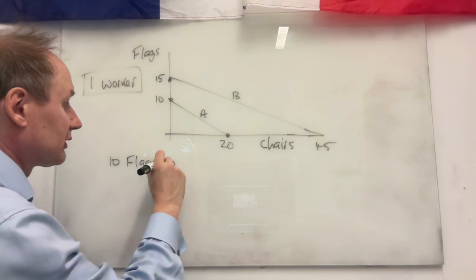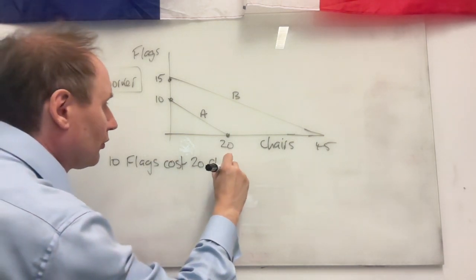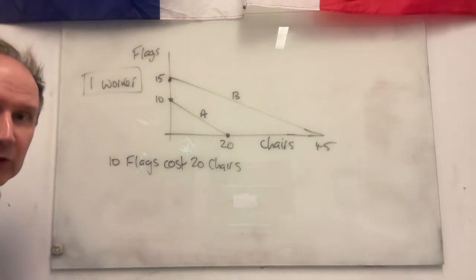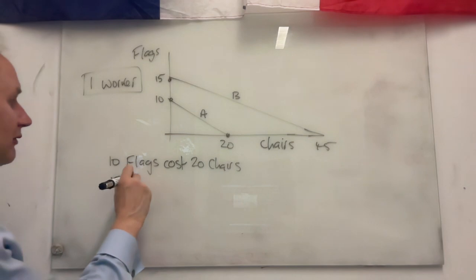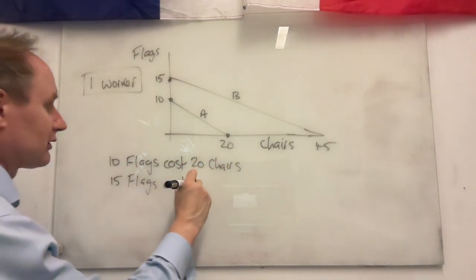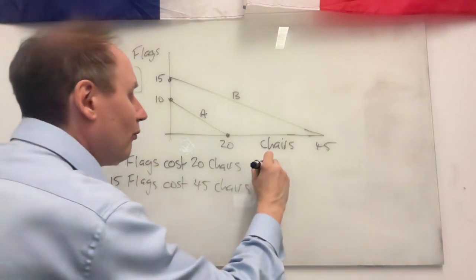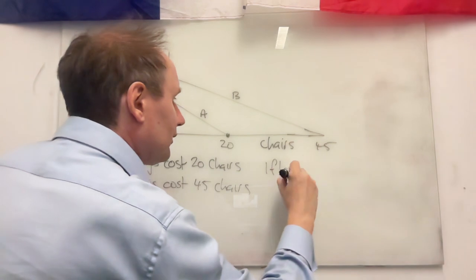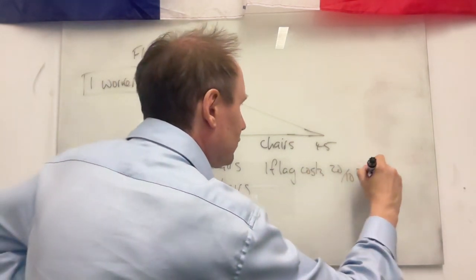So they can produce 10 flags at a cost of 20 chairs, or 20 chairs at a cost of 10 flags, whichever way around you do it. Versus country B, where either they produce 15 flags, or they produce 45 chairs, so 15 flags cost 45 chairs. So in country A, one flag therefore costs 20 over 10 equals 2 chairs.